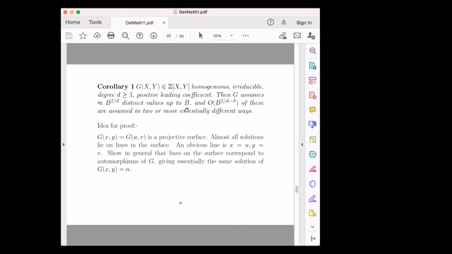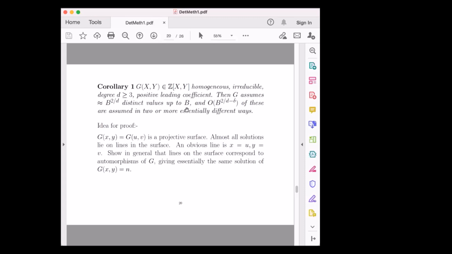So if you ask how many integers up to B are sums of 2 cubes, the answer is a constant times B to the 2/3. And if you ask how many of them are sums of 2 cubes in 2 essentially different ways, well, that's B to something smaller than 2/3.